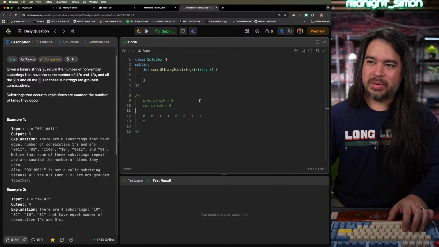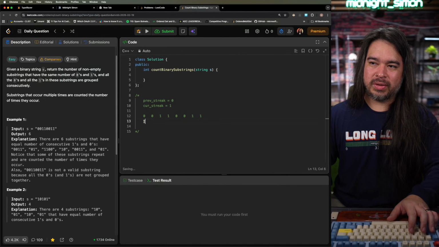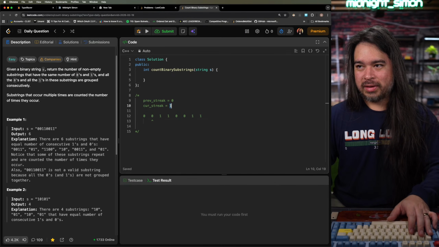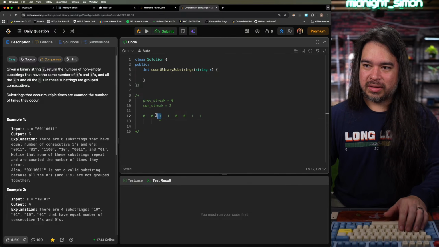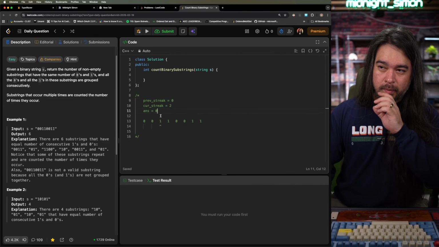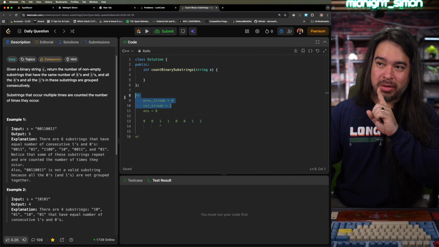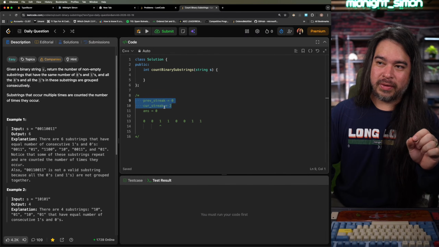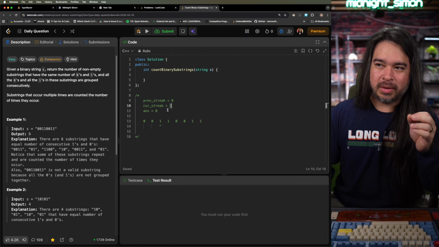So 0, this is a new streak, so we say 1 is our current streak, and we go to the next one. It's the same as the last character, so it's a streak of 2. Then we go to the next character. This breaks the streak. So now we take the minimum of the current streak and the previous streak once the streak is broken. And that's 0, so we don't add anything here.